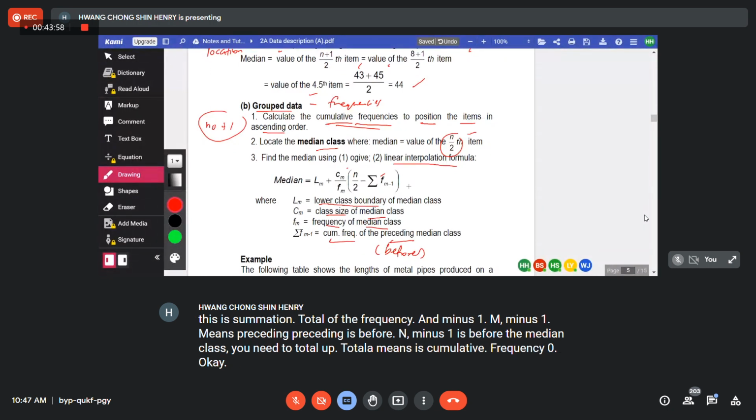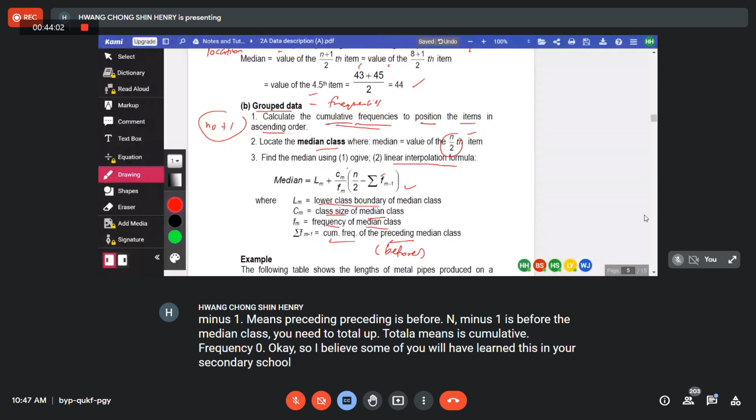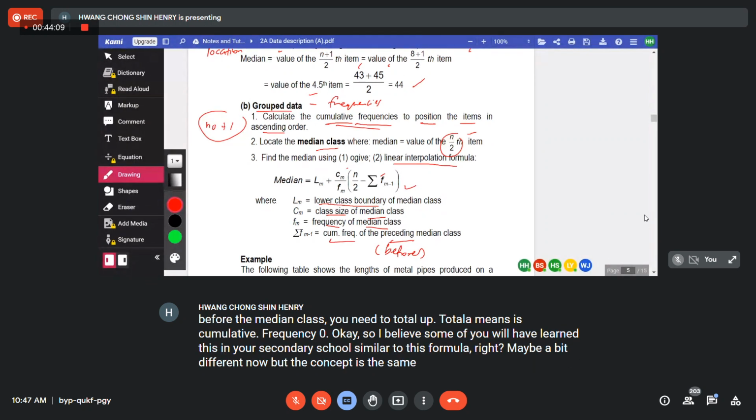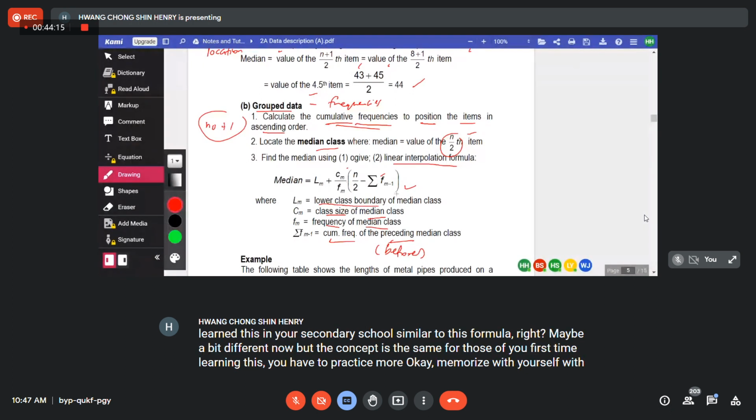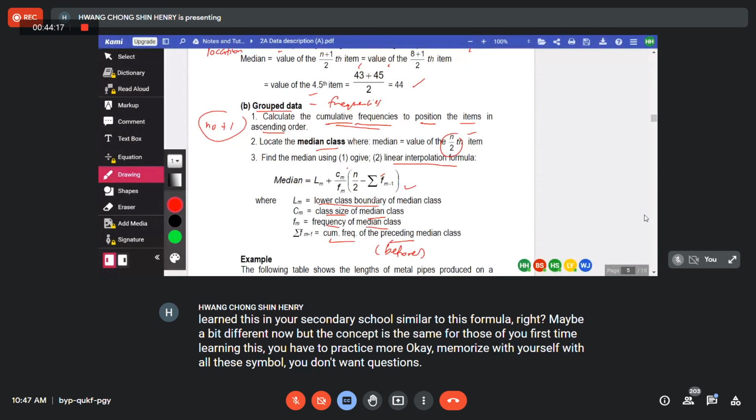Okay, so I believe some of you have learned this in your secondary school, similar to this formula, right? Maybe a bit different, but the concept is the same. For those of you learning this for the first time, you have to practice more. Okay, memorize all these symbols. You do one question, I'm sure you can follow. Not very difficult.